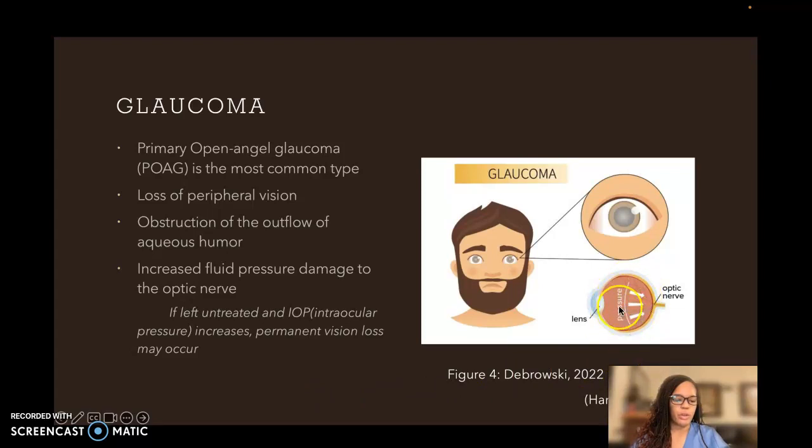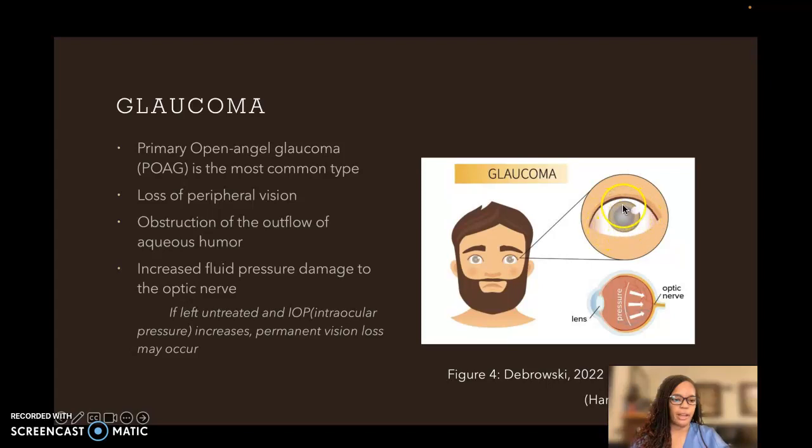So aqueous humor is fluid in the eye. You'll have pressure that's pushing towards that optic nerve, and increased fluid pressure causes damage to this nerve, which creates a hollow-like ring around the eye right here.